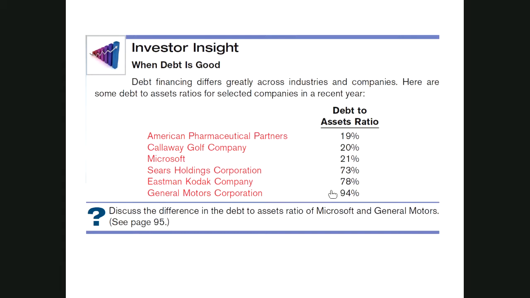They have a lot of liabilities which they use to finance their operations, right? Kodak, Sears Holding, these are large retailers. Sears continuously turns around its inventory, so they have a lot of debt and payables due to different stakeholders, right? Microsoft, as you see, is only 21%. That means their liabilities are only 21% of the assets. Just some examples here.